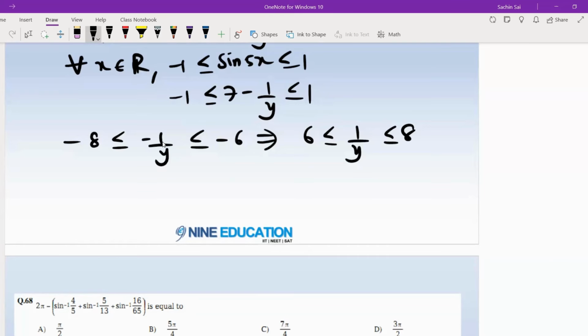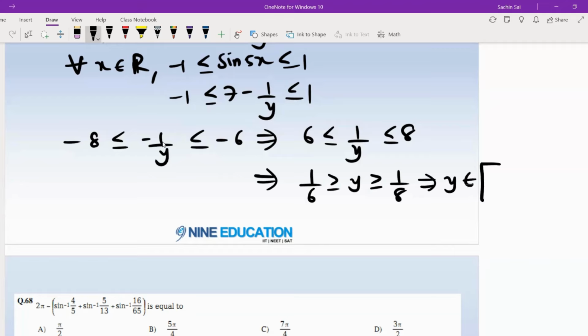I'm multiplying -1 across the inequality, so the direction of the inequality will change. Now, all sides of this inequality are positive, which means you can take reciprocal across this inequality. And then again, the inequality will change. So 1 by 6 greater than or equal to y greater than or equal to 1 by 8, which means y belongs to closed interval 1 by 8 to 1 by 6.